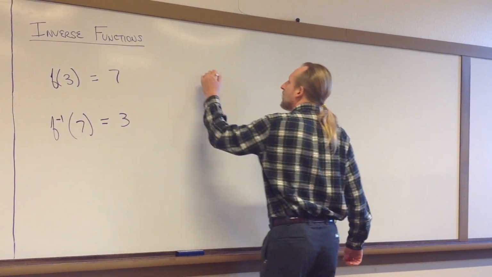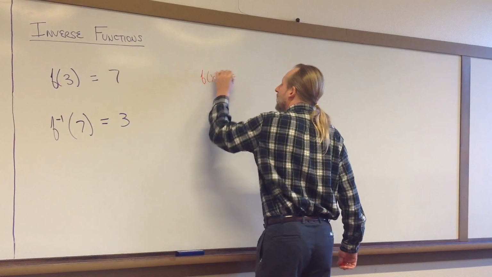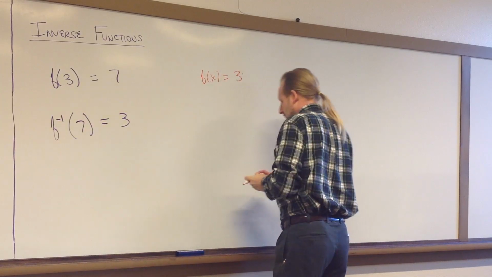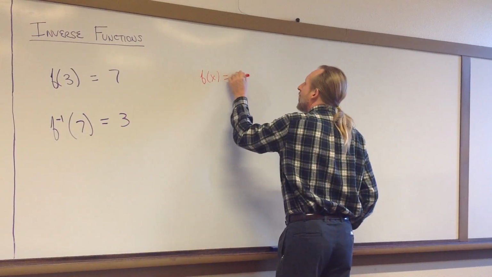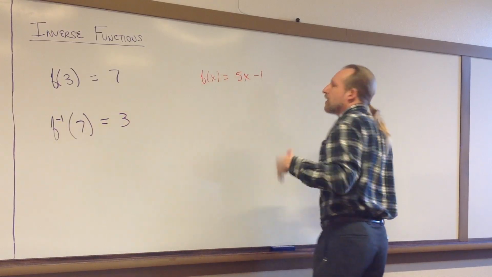So let's say we've got our function f of x is, let's use different numbers than the ones we were using in the previous example, 5x minus 1.